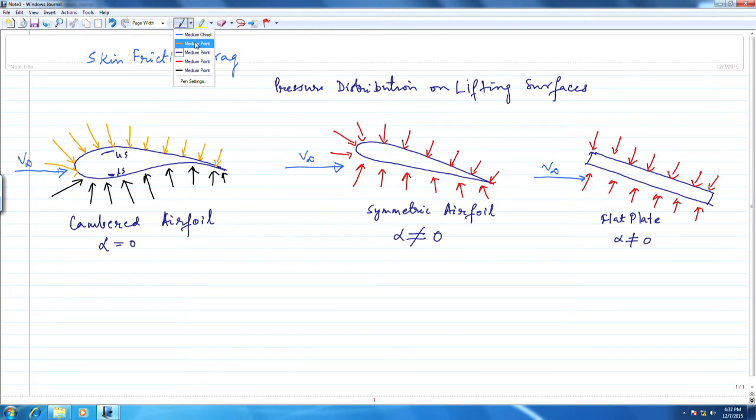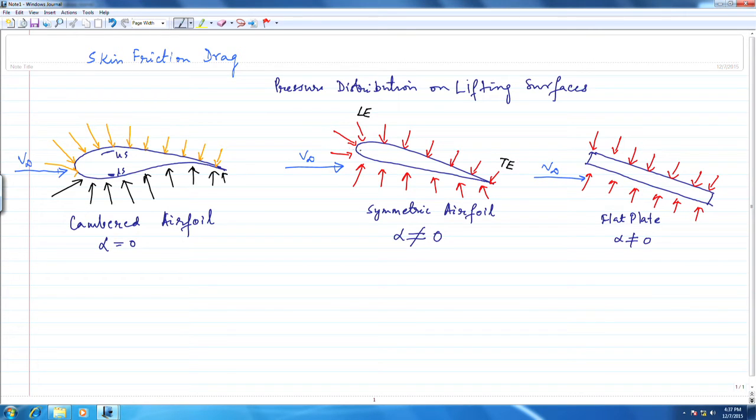So what do we mean by angle of attack? What we're going to do is join the shortest points between, this is the leading edge, and this is the trailing edge.